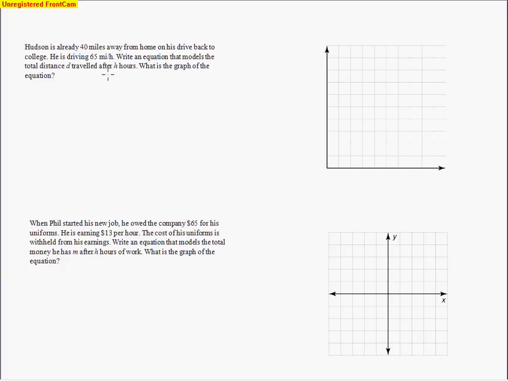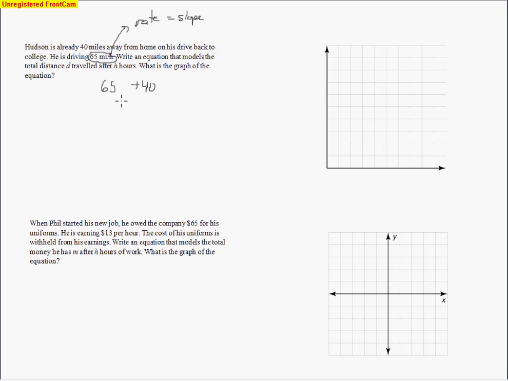So we're going to start with trying to write the equation. We'll start with the 40 miles. He's 40 miles away from home, and he's driving back to college, so he's going away from home even further, and he's driving at 65 miles per hour. Whenever you see this, it represents a rate, and a rate is going to end up being the slope of a line.